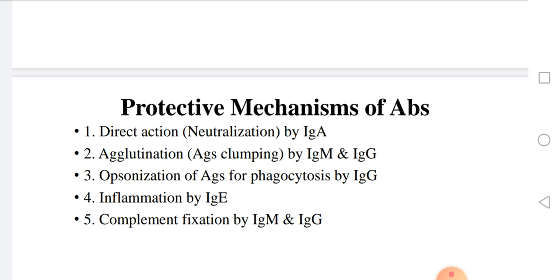The antigens are clumped and are not allowed to spread, and this is done by IgM mainly and to a lesser extent by IgG. 3. Opsonization of antigens facilitating phagocytosis, and this is done by IgG. 4. Inflammation by IgE. 5. Complement fixation by IgM and IgG.